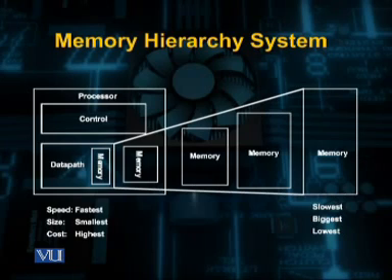Here you can see that the memory system can be organized by using different types of memory blocks at different levels. These levels of memory system are organized with hierarchical arrangement of different types of memory modules, and these memory modules range from the fastest to the slowest memory.